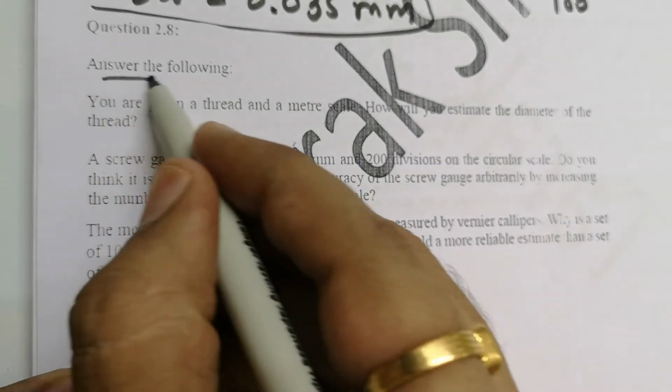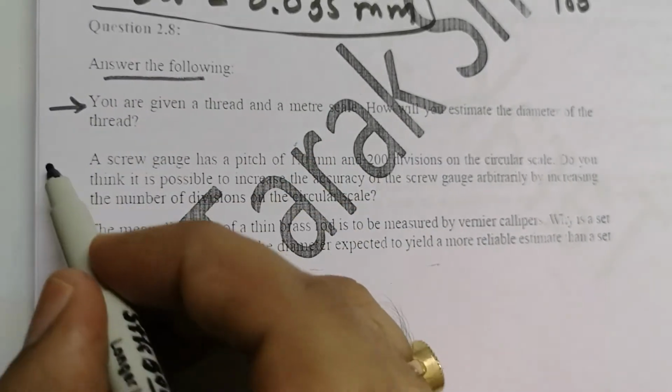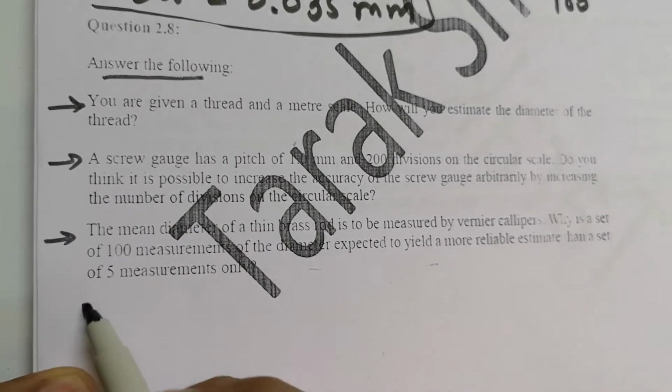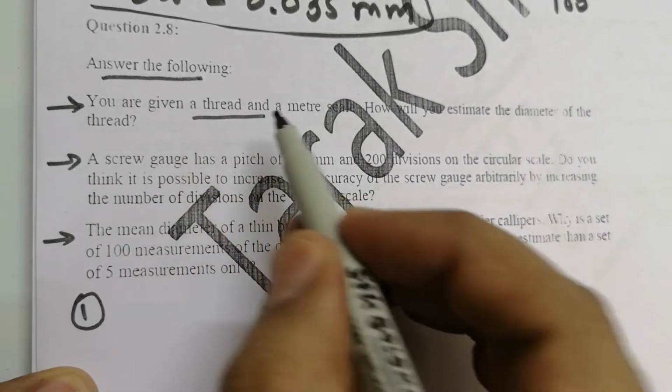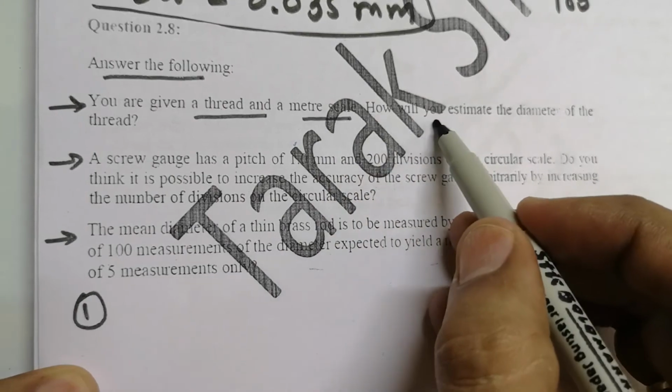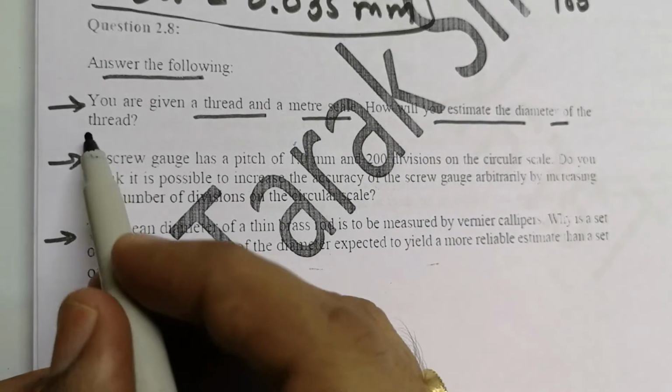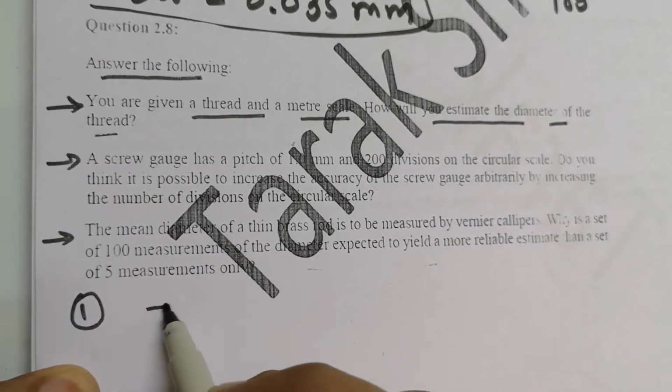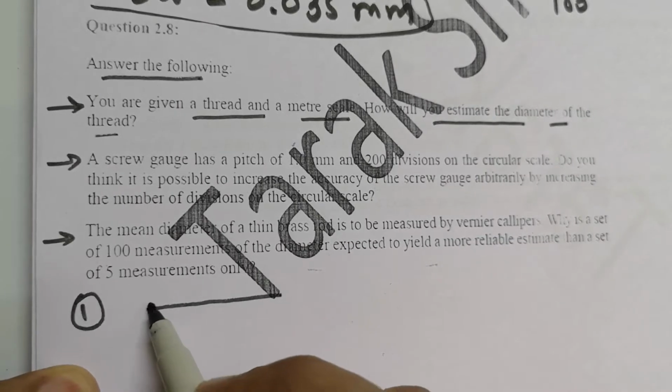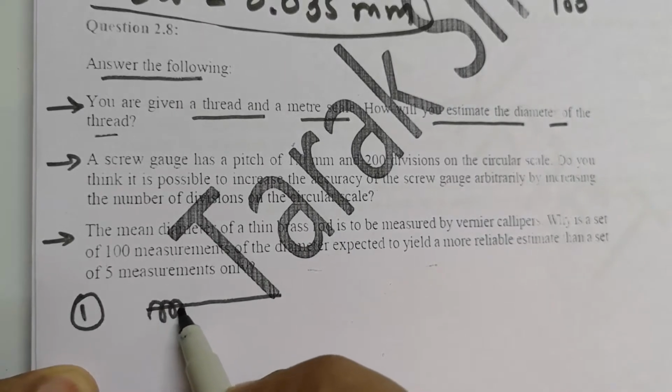Now you have been given questions to answer. First of all, we have 3 different questions in front of us. You are given a thread and a meter scale. How will you estimate the diameter of a thread? Let's say I have to find the diameter of it. I wind the thread, making a number of turns over the scale.